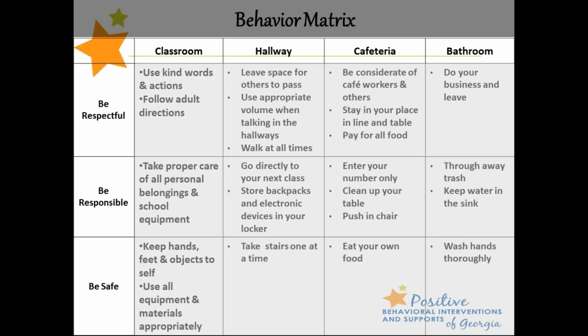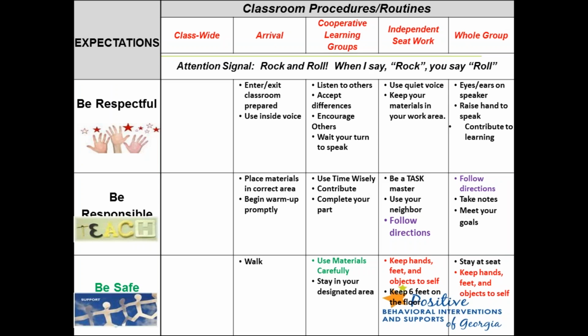The bullet points under each location are reminders of the key parts in these location-specific procedures that students should remember prior to entering that setting. The teacher uses these reminders to pre-correct and redirect students. The classroom matrix is similar in format and design to the school-wide matrix.